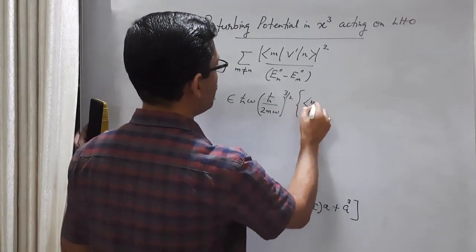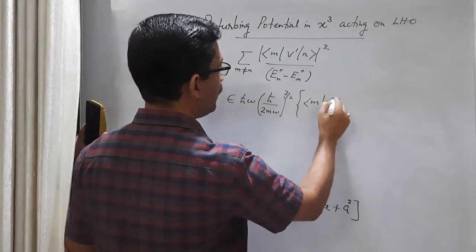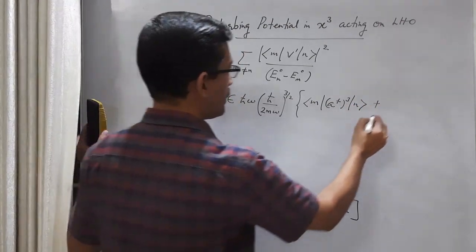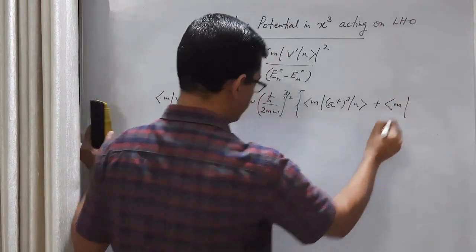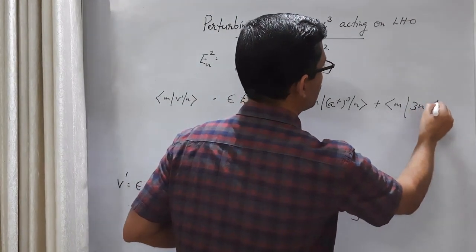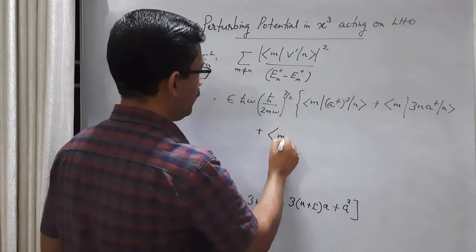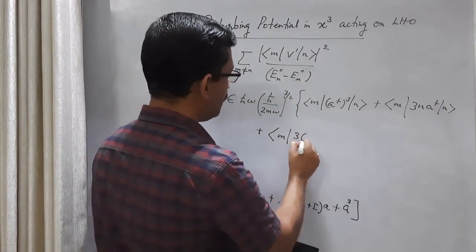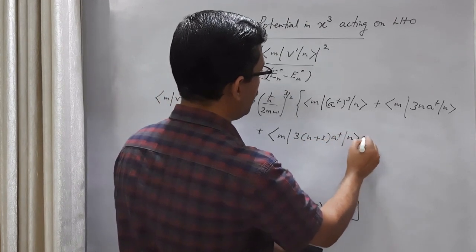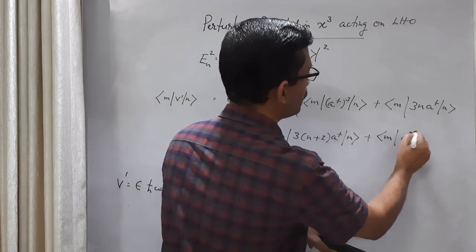They are ⟨m|a†³|n⟩ plus ⟨m|3 N a†|n⟩ plus ⟨m|3(N+I) a†|n⟩ plus, the last term, ⟨m|a³|n⟩.